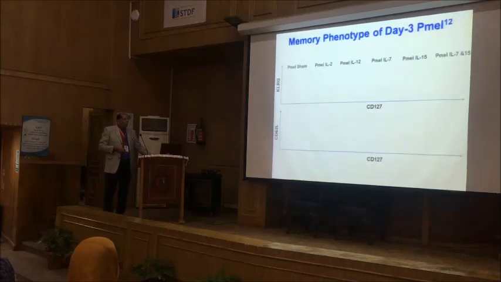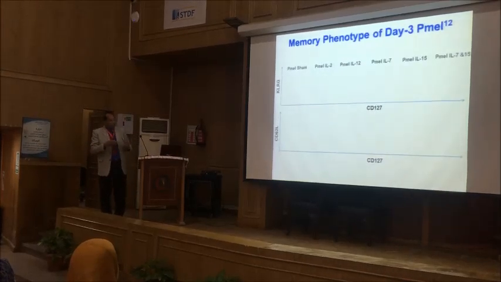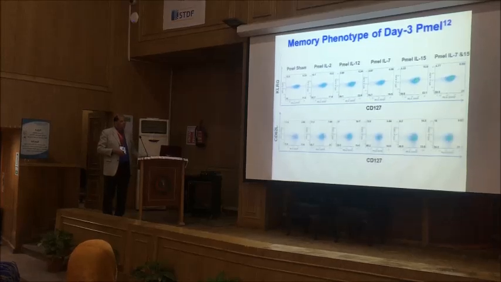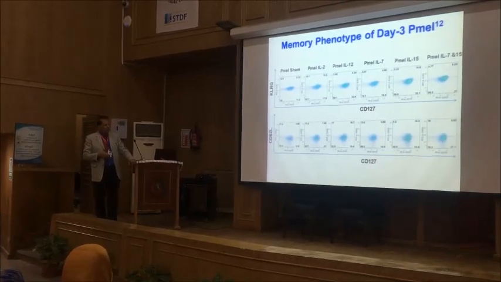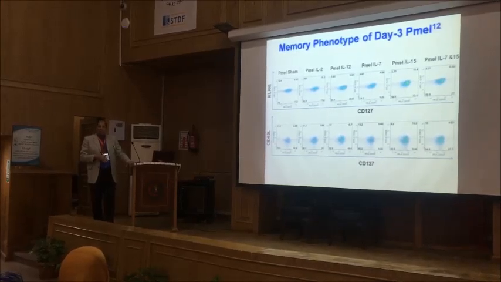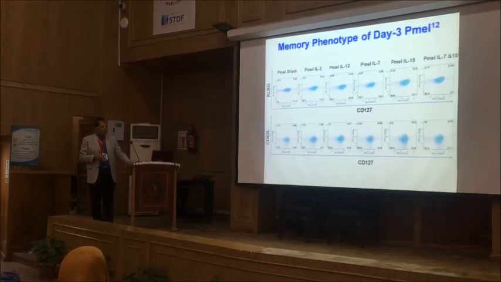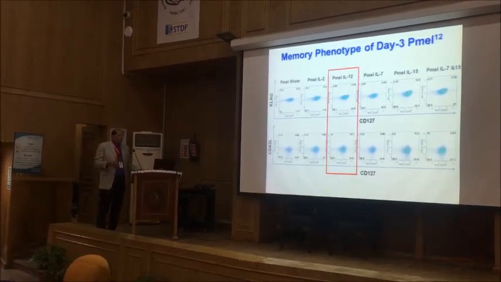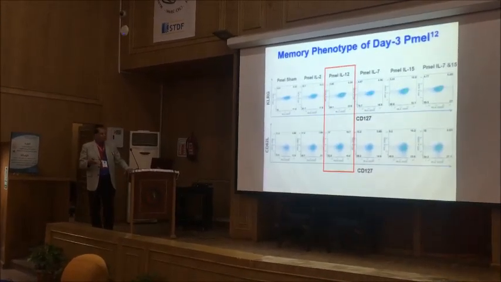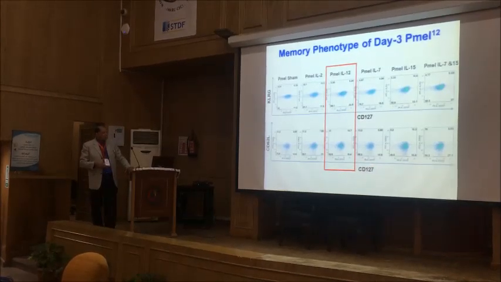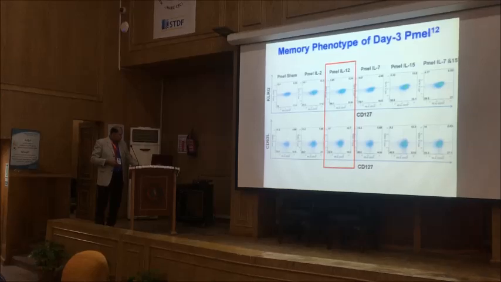For memory, we used 2 markers for early memory cells and another 2 markers for central and effector memory phenotype of CD8 cells. These are established to characterize the anti-tumor efficacy of CD8 cells, and especially with CD127, we found IL-12 is also much better.